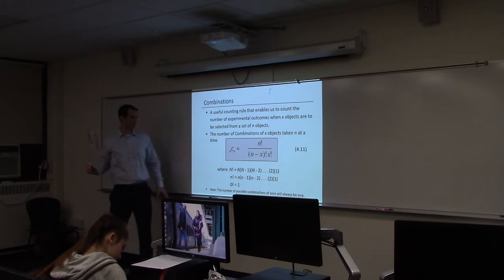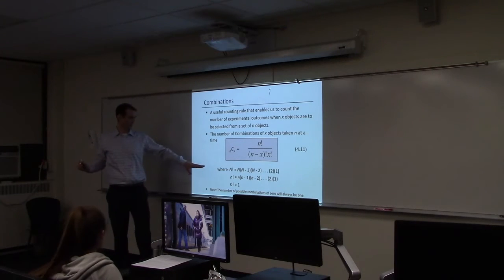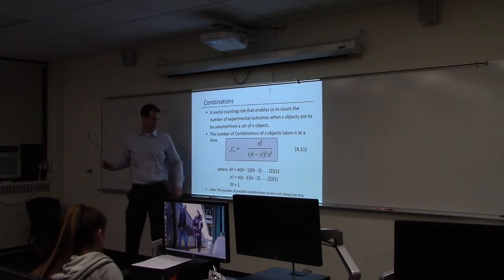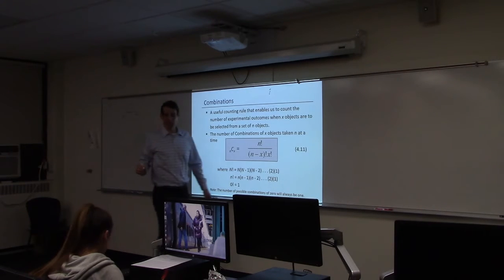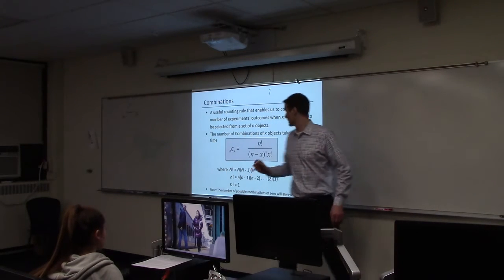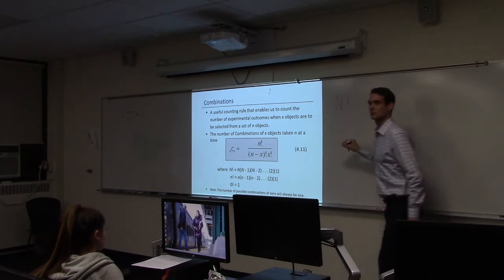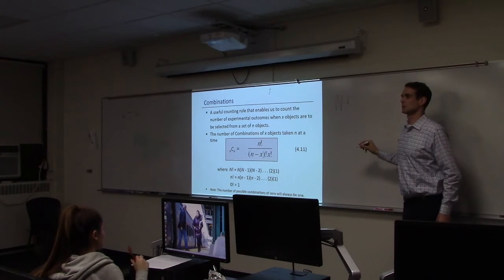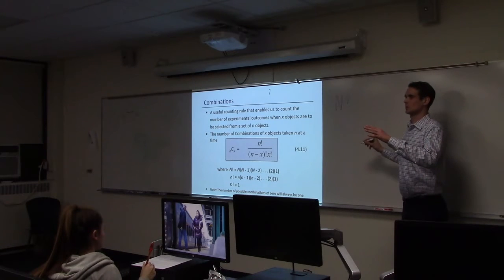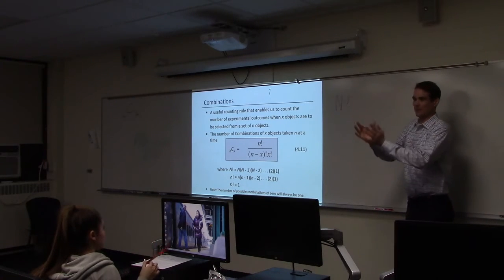And to use this combination formula, I need to teach you this factorial symbol. Does anyone know what this factorial symbol means? This n exclamation point? It's 4 minus 3, 4 minus 2, 4 minus... Yes, multiplied, all multiplied together.